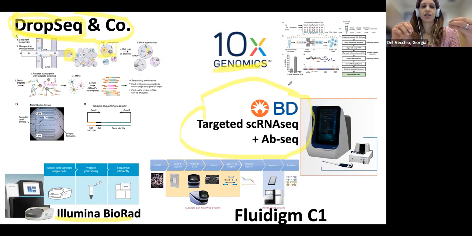It's a gravity approach. You first put the cells on the cartridge and let them enter the well, and then you put the microparticles with the adapters and let them enter the well.